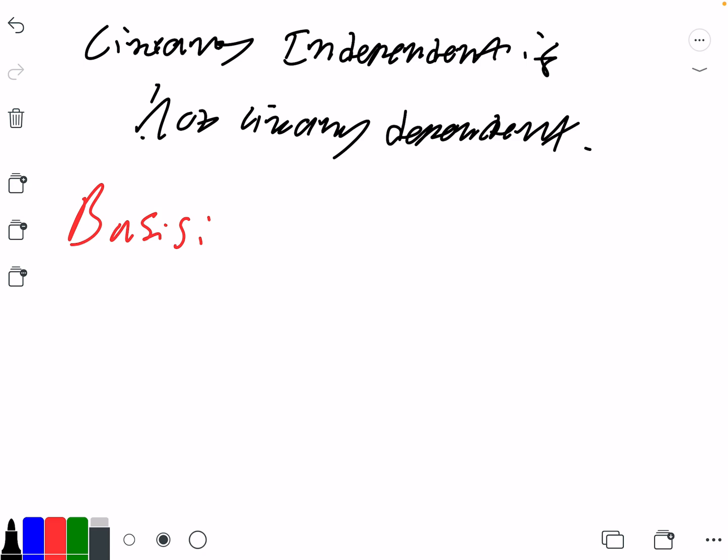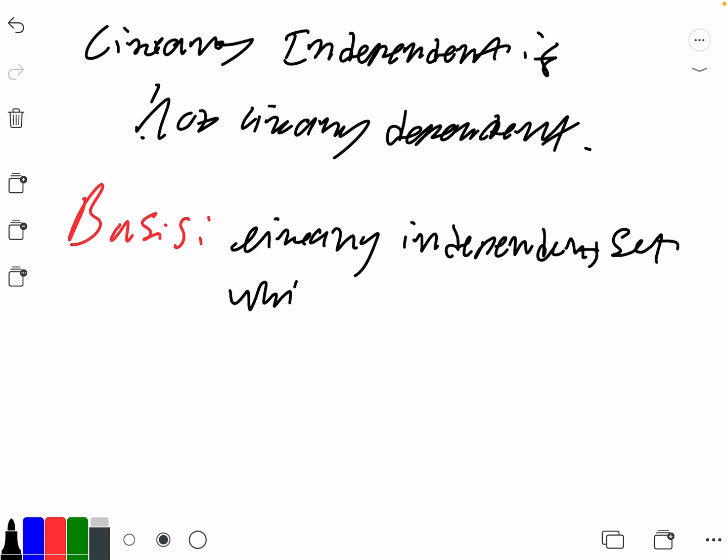So let's get an example. A basis is going to be a linearly independent set which spans a space V. What we'll call the standard basis of R^n, so what's the standard basis of R^n?